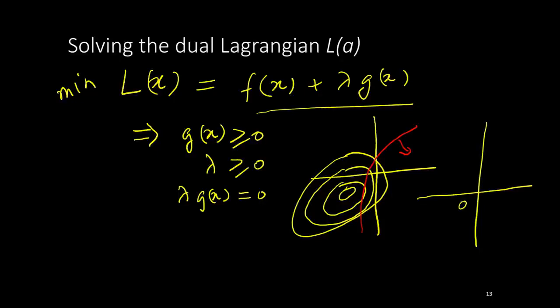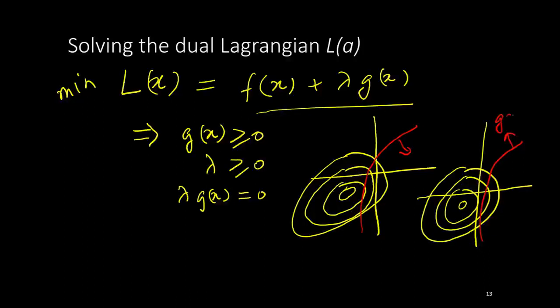It's the same contours and the same boundary for g(x) equal to 0, but g(x) greater than 0 lies on this side, and here g(x) greater than 0 is on the other side. For both these conditions, the math works out slightly differently.